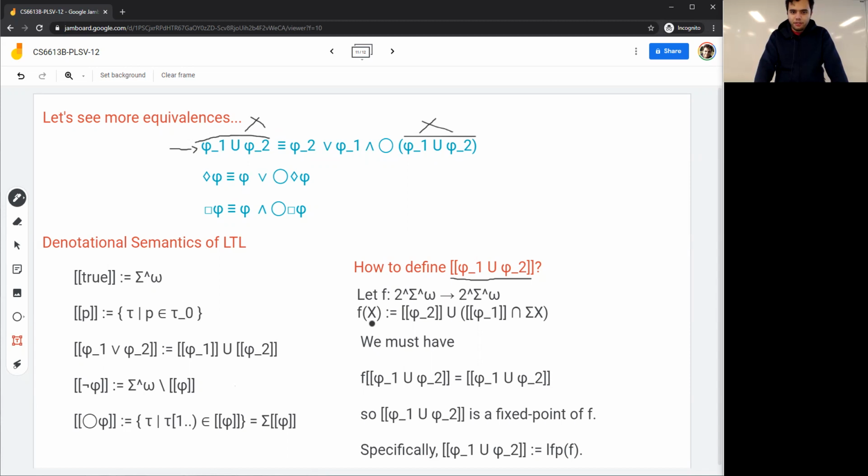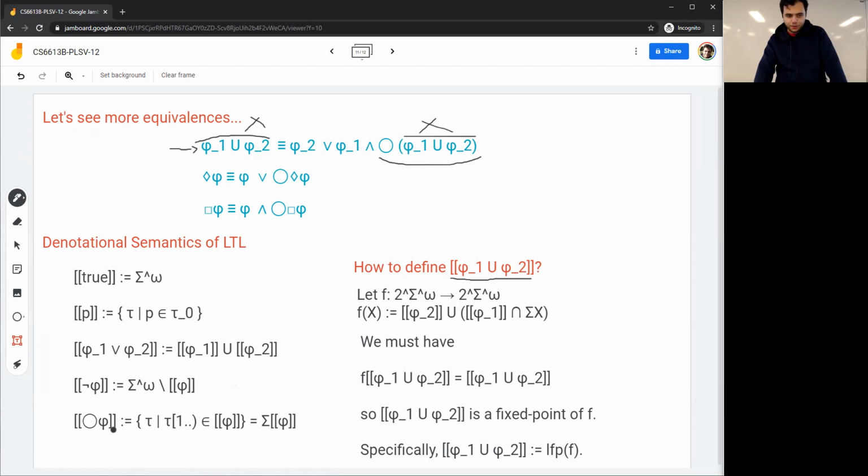So I can define F of X as the semantics of phi2 union, and this is because OR was union, right? Union with the semantics of phi1 intersection, and this is because AND is intersection. And what is this part? This is next, do whatever it was in X, right?